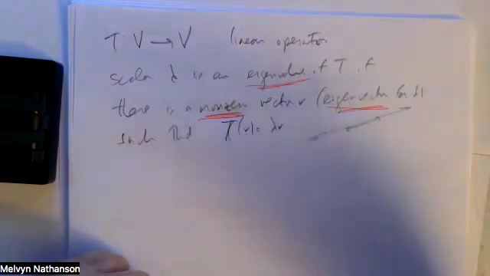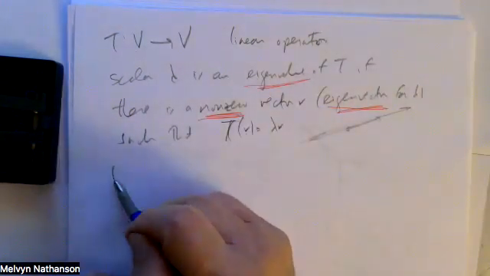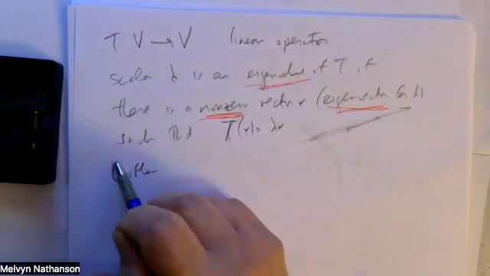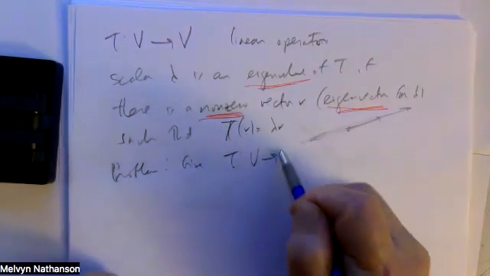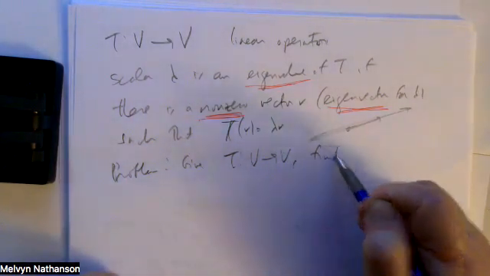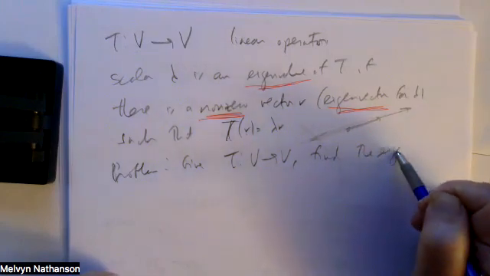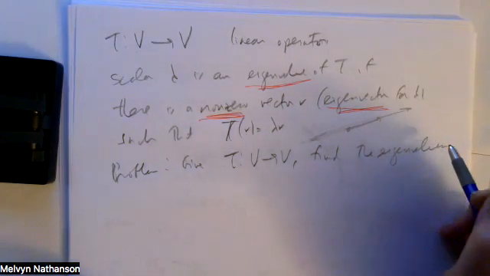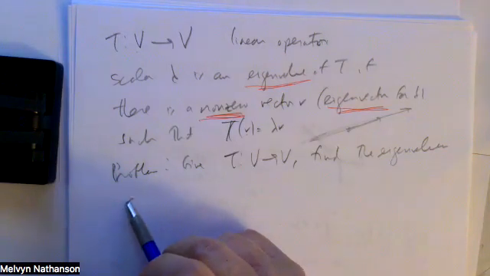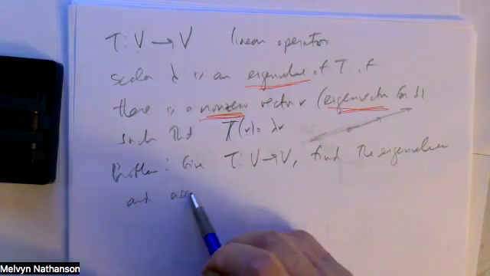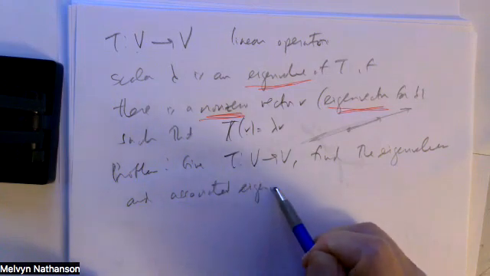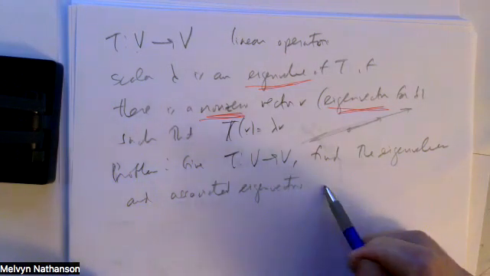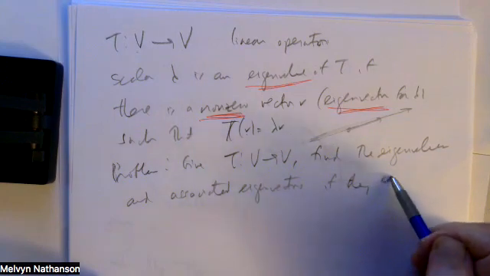And a general problem: given a linear operator T, find the eigenvalues and associated eigenvectors, if they exist.